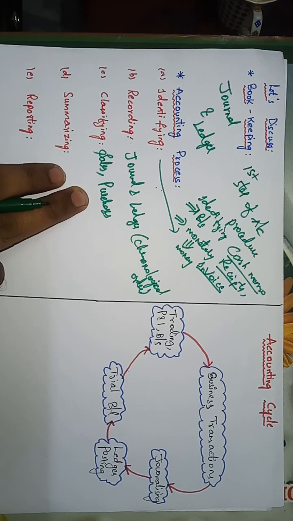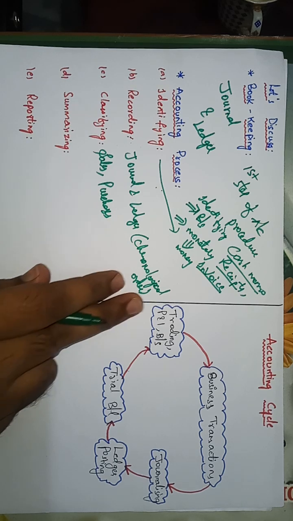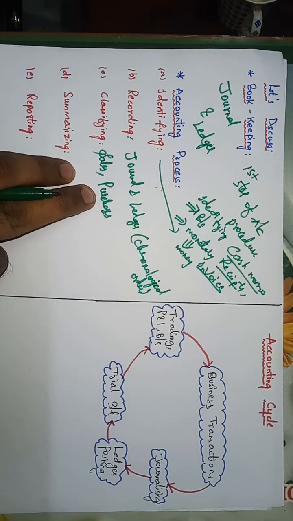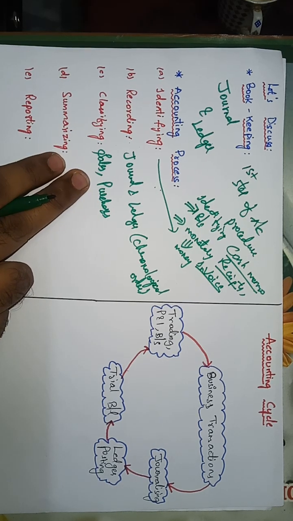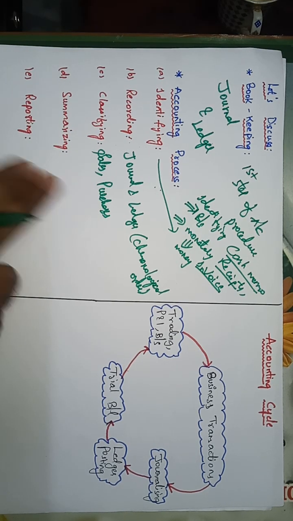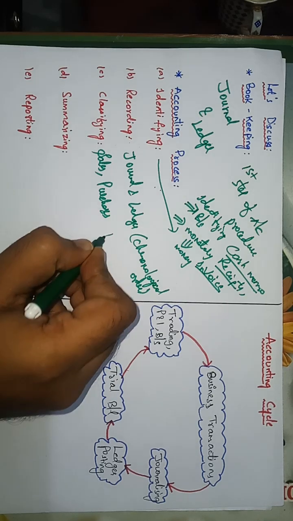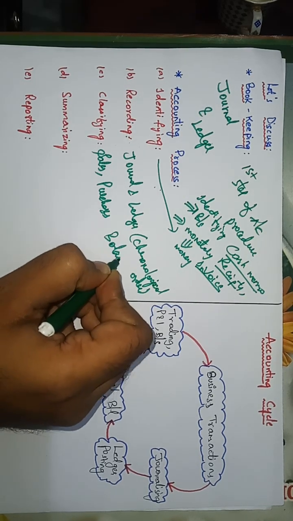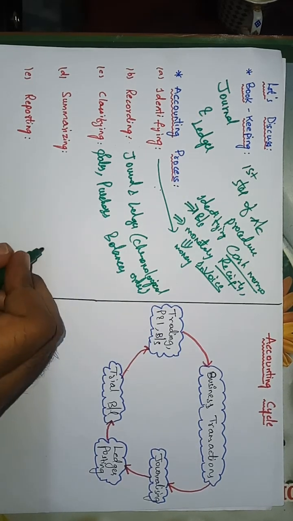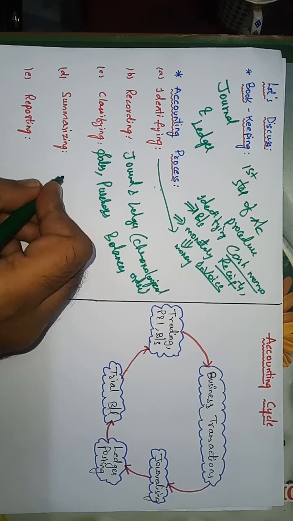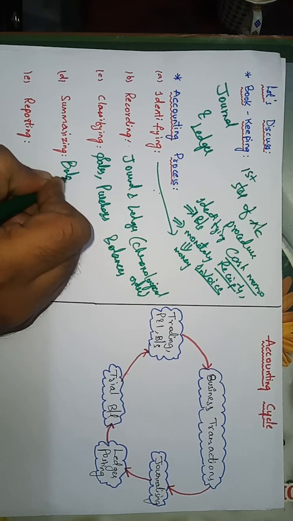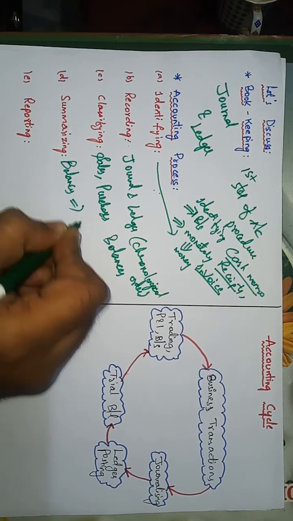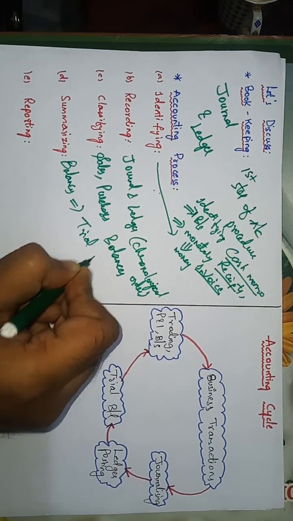Suppose we have 15 purchase transactions, they are classified under the heading of purchases. This is called classification of transactions. Then from these, the balances are extracted and summarized in order to prepare the trial balance.